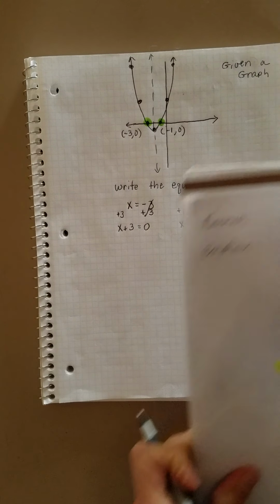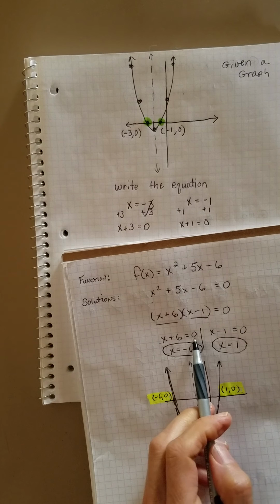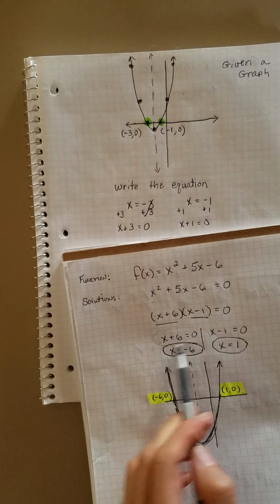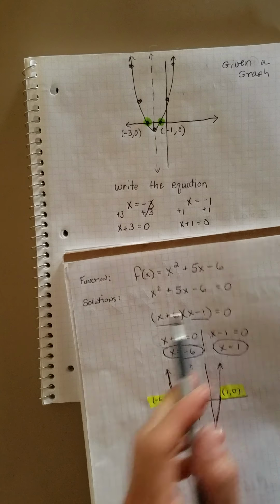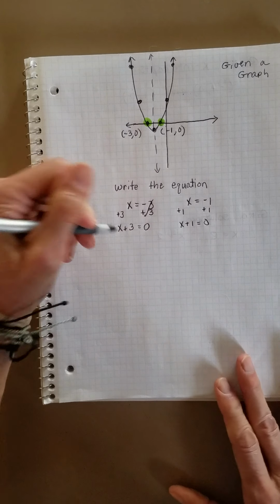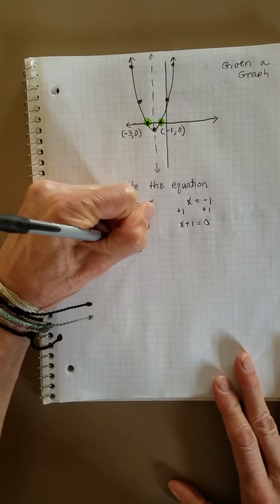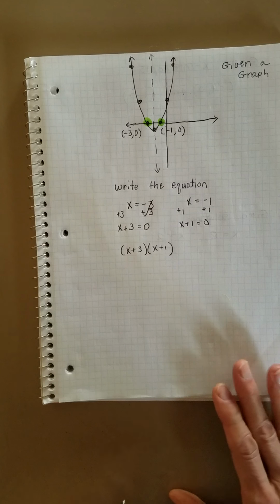Let's go back to the earlier example. x plus 6 equals 0, x minus 1 equals 0. Well, this x plus 6 becomes one of the factors, and x minus 1 becomes another factor. So here, one of my factors is x plus 3, and my other factor is x plus 1.